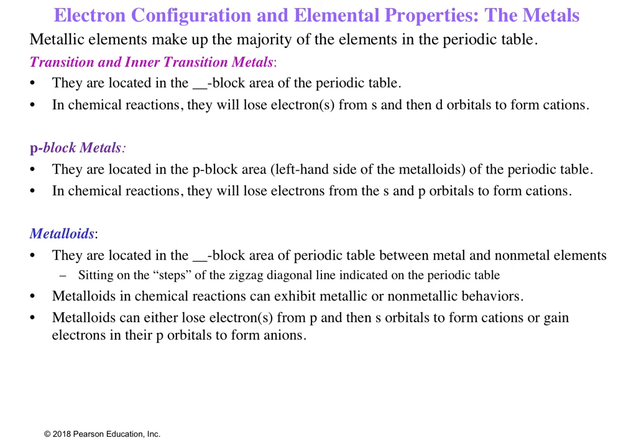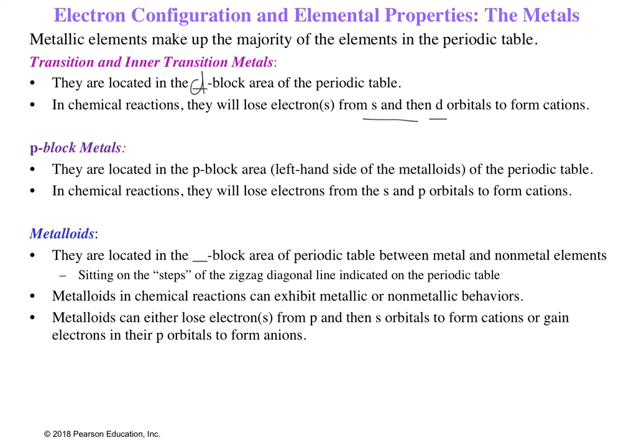Transition metals and inner transition metals are that D and F block area. We'll say D, but they also are the F block for the inner. They have a variety of possible ions they can form, but they're mostly going to lose electrons from s, and then they'll lose them from the d orbitals to form their cations.